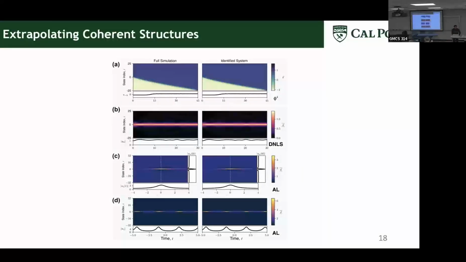All right, this is about extrapolating coherent structures. For the DNS, we pick some coherent structures, and we validate whether the identified system can actually recover them. One thing I want to point out is that those are untrained data. So we use an untrained initial condition and compare that with the full simulation.